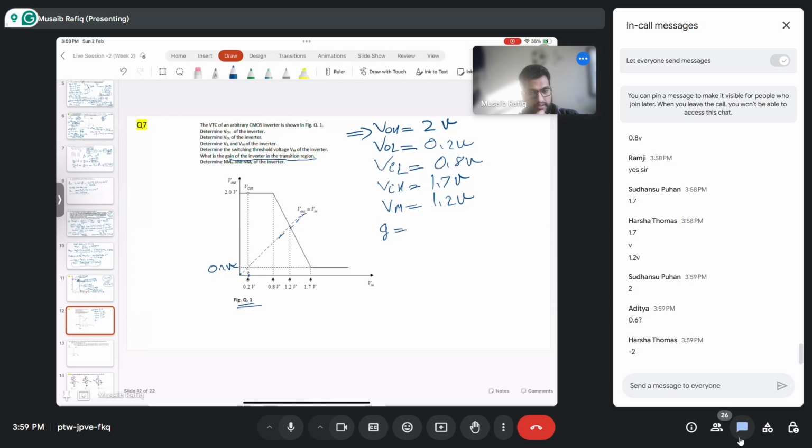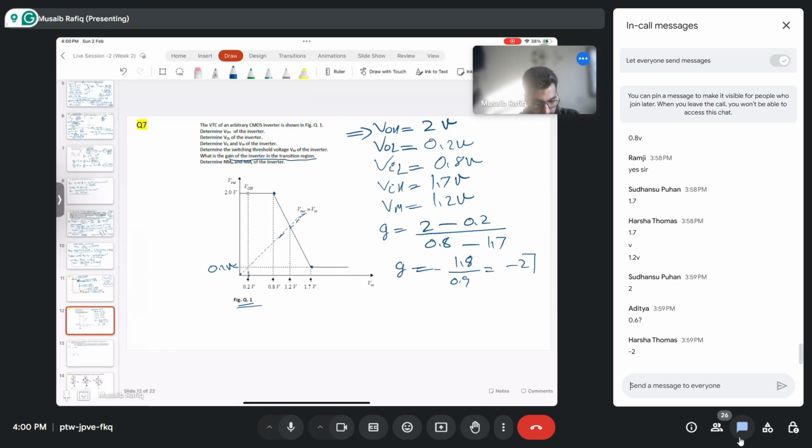Gain is minus... So take this point and take this point. So it is 2 minus 0.2 divided by 0.8 minus 1.7, right? So this is 1.8 divided by minus 0.9, so it is minus 2.